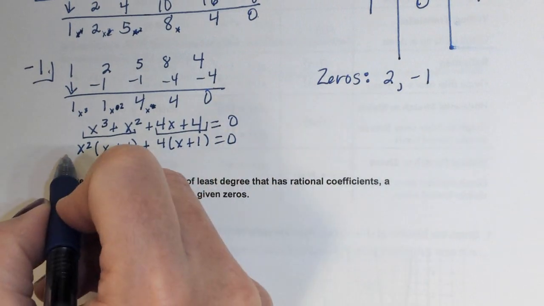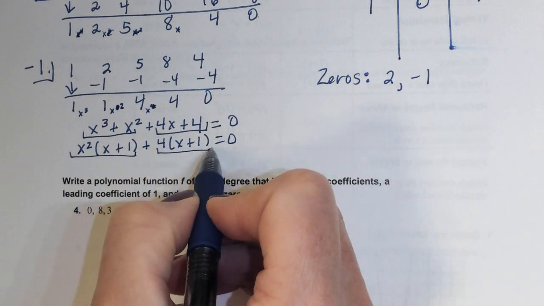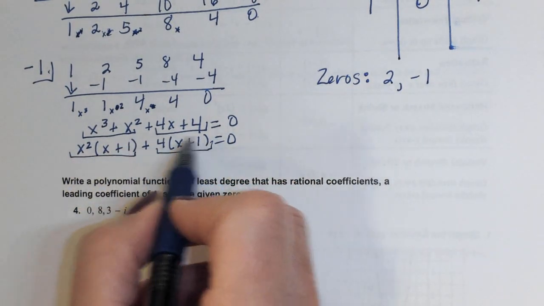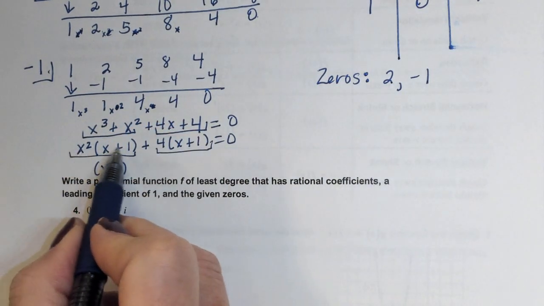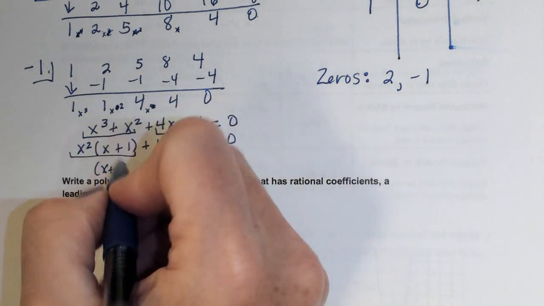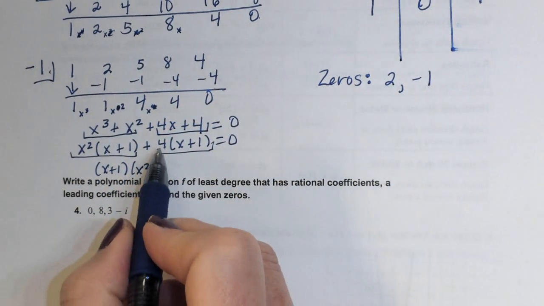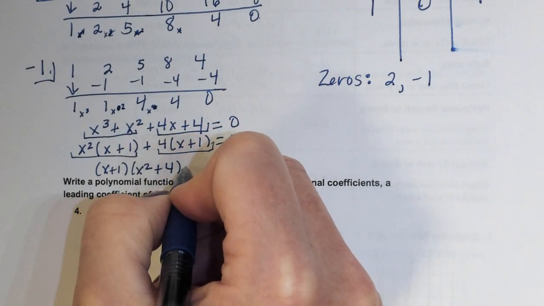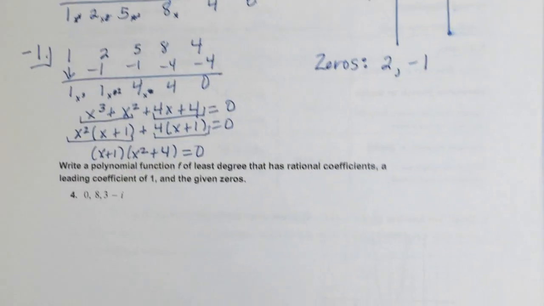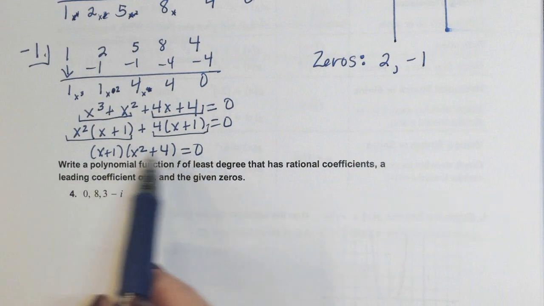I've got two terms now. Here's one of my terms. Here's the other one. What factor do those two have in common? Well, they've got an x plus 1. So if I take out an x plus 1 from this, I'm left with an x squared. If I take out an x plus 1 from this, I'm left with plus 4, rather.